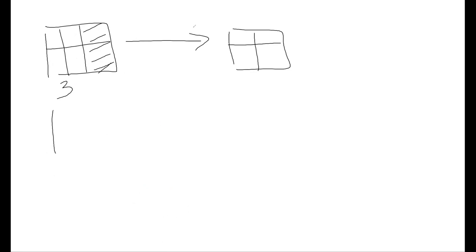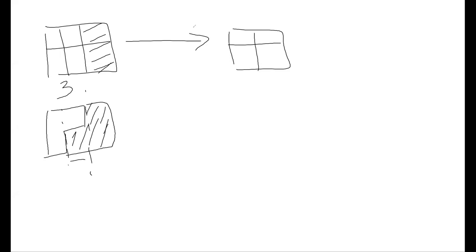The other way is I can reduce it by this much. And this part is another Tromino which I am removing. Is that understood till now?